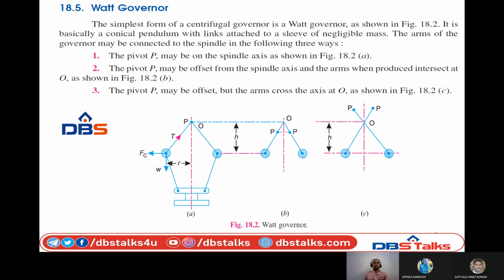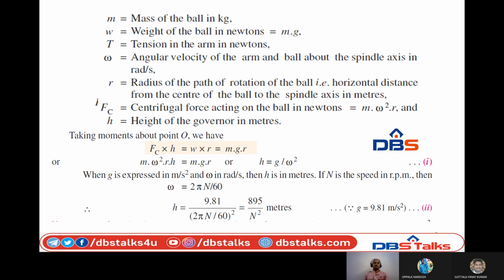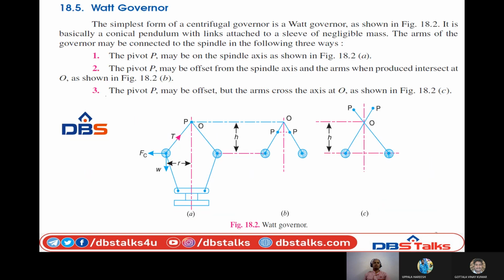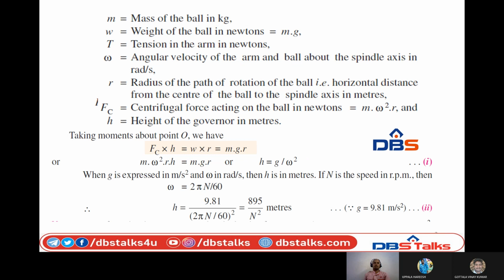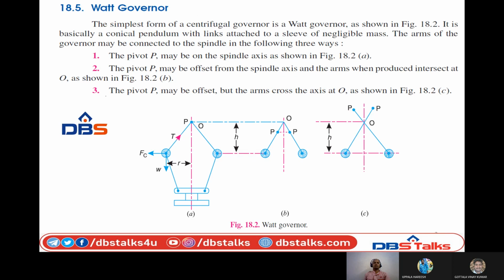Taking the moments about O, the Fc is rotating in the clockwise direction. From O to Fc, the distance is the height, so Fc into h equals, then what about the remaining forces?